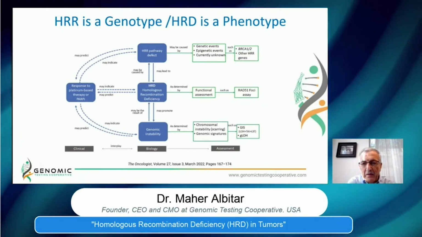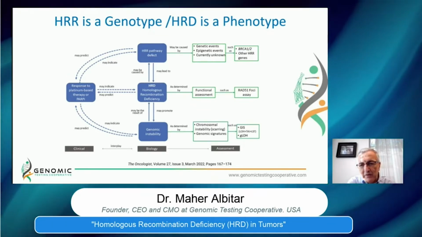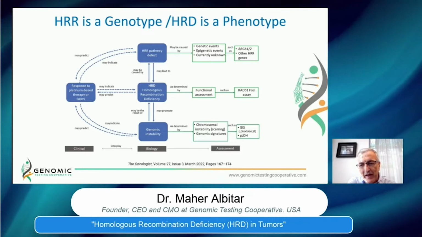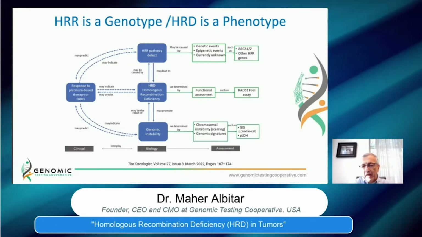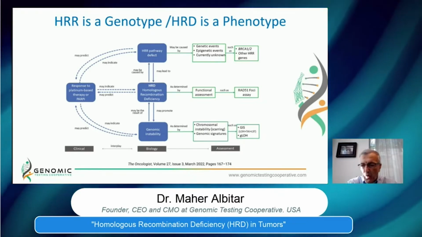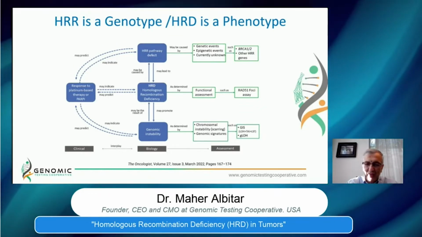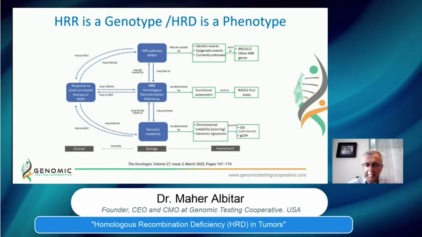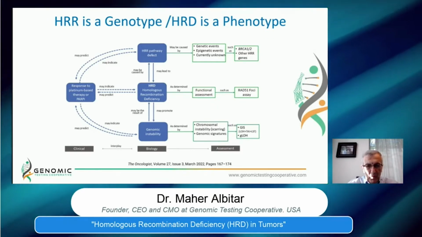In practice, these scars can be looked at by looking at the loss of heterozygosity, or at telomeric allelic imbalance, or at so-called large-scale state transitions, which I'm going to talk about in more detail.